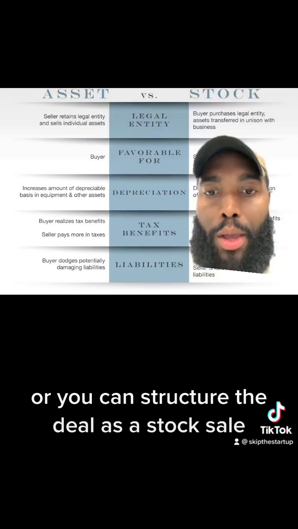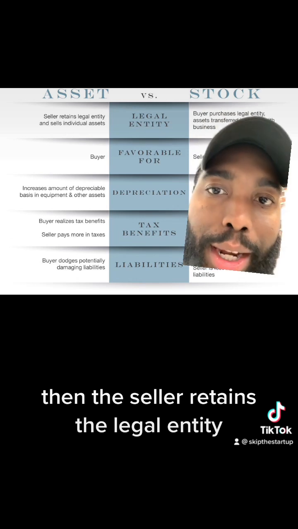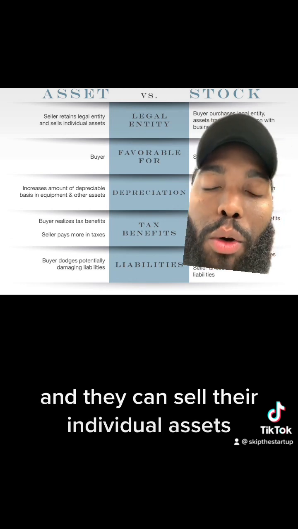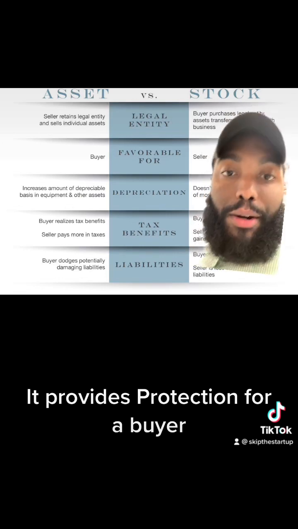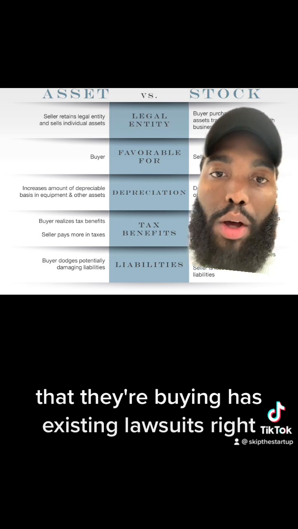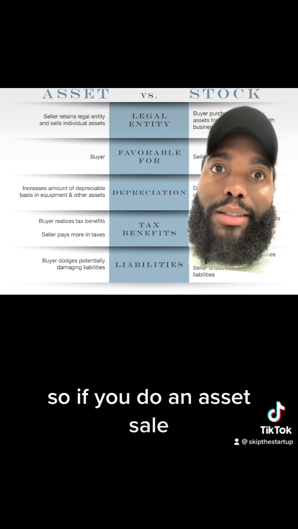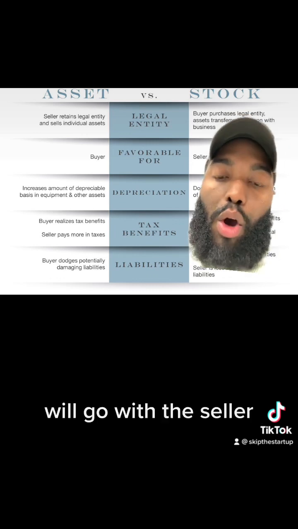a stock sale. Structured as an asset sale, the seller retains the legal entity and they can sell their individual assets. It provides protection for a buyer in case the company they're buying has existing lawsuits, right? So if you do an asset sale, the lawsuits that company has against it will go with the seller.